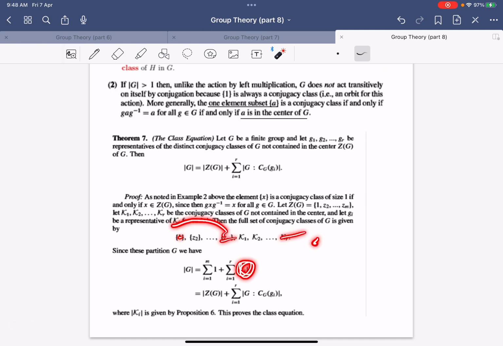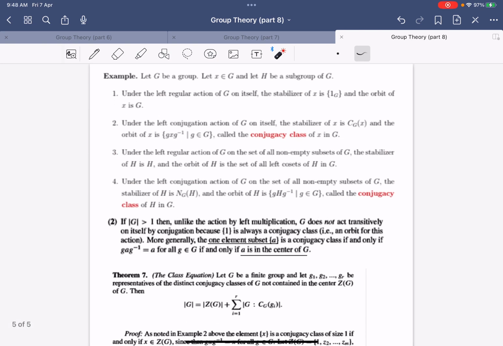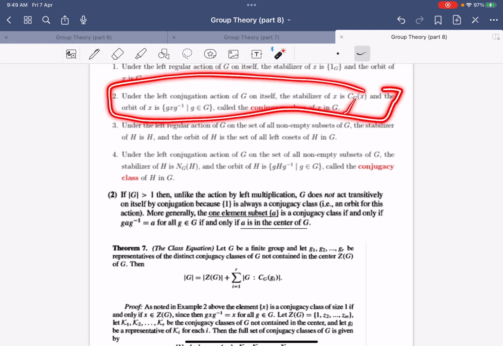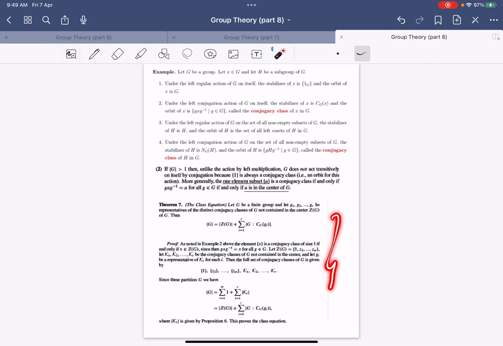The number of elements of this conjugacy class will just be the index of the centralizer of g_i. You can take a look at this action over here to understand the class equation.